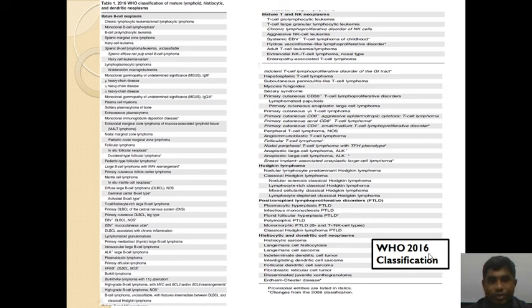So this is the WHO 2016-17 classification of B and T mature lymphoid neoplasms.